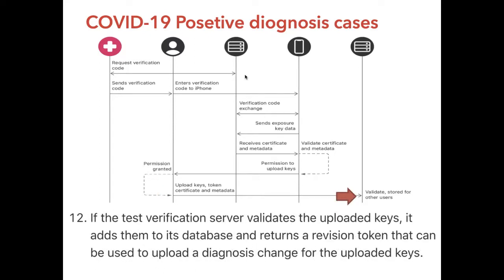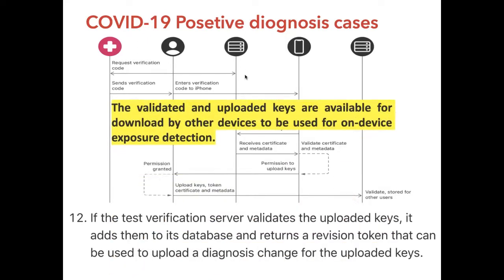If the key server validates the uploaded keys, it adds them to the database and returns a revision token that can be used to upload a diagnosis change for the uploaded keys. And at the end, the validated and uploaded keys are available for download by other devices to be used for on-device exposure detection only.